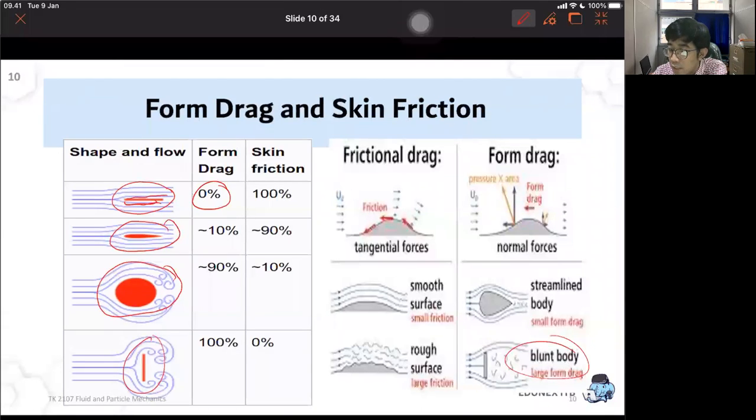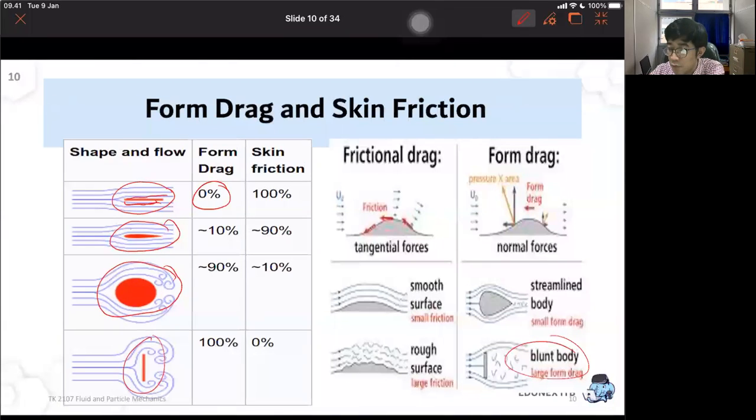Then when the cross area of the particle that is encountered by the liquid or the gas is higher, the drag will be higher, because it will give higher resistance.